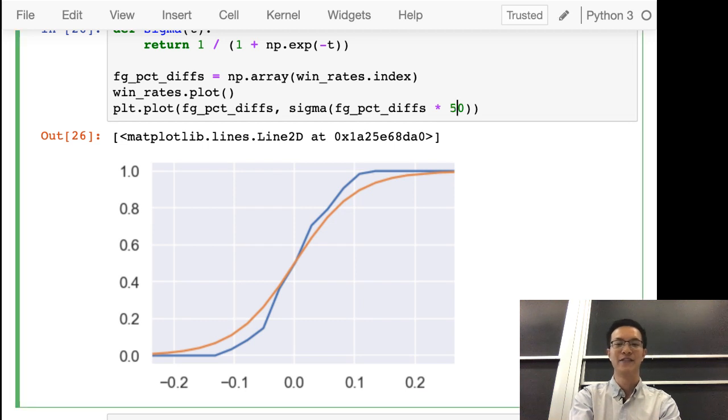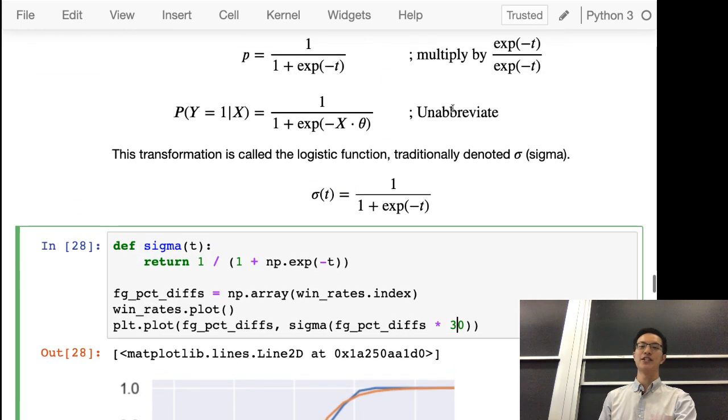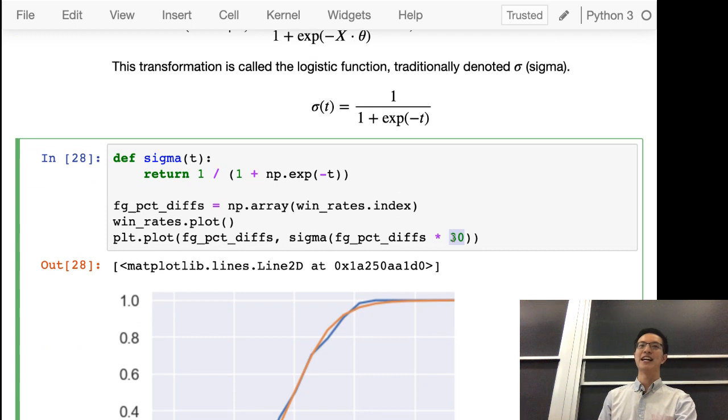If I multiply by 50, it doesn't fit so well. It just so happens that 30 is a good number that fits this data quite well. Where did I get 30? You get the number 30 if you run logistic regression. It's the coefficient theta that goes into here. So this number is magical for now, but just like with linear regression, once you fit the model, you can pull out this number 30 whenever you want.